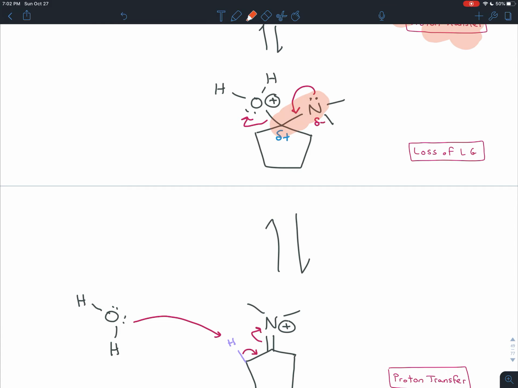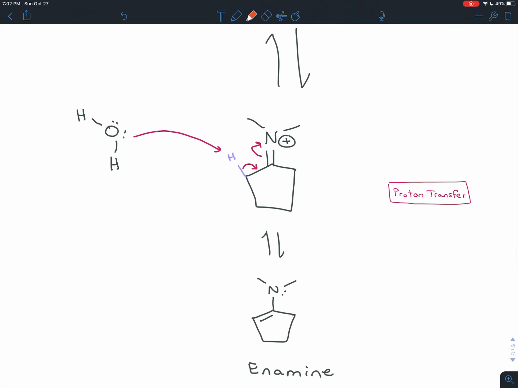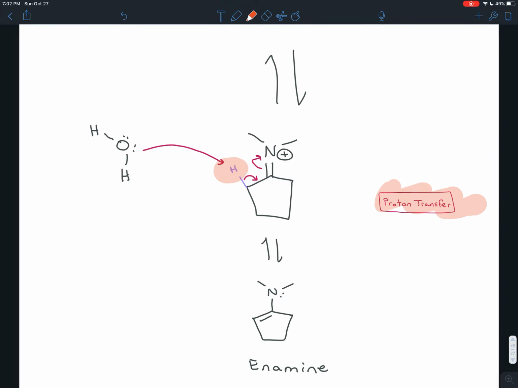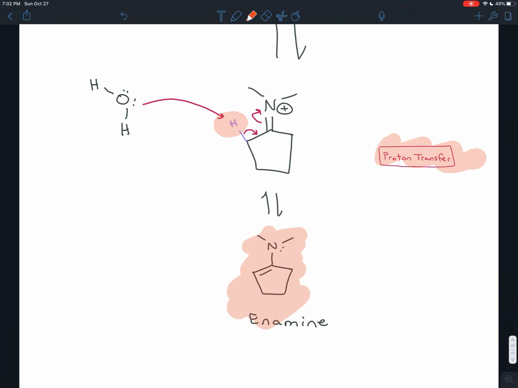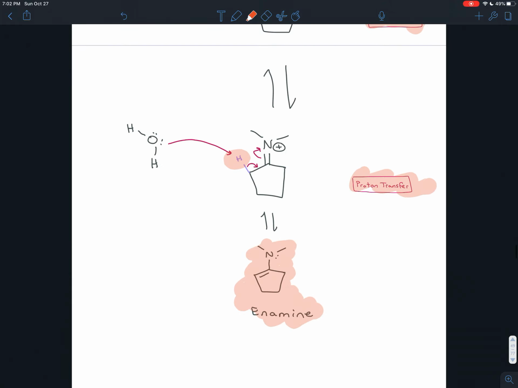We'll note that that's the carbinolamine. Once it's a good leaving group, the neighboring nitrogen can kick it off. We have loss of a leaving group. And we just have to stabilize the nitrogen with a proton transfer. In the case of secondary amines, you take off the alpha hydrogen because there's no hydrogen on the nitrogen, and that leaves you with the enamine. So hopefully these last two examples have given you some sense of how enamines can be formed.